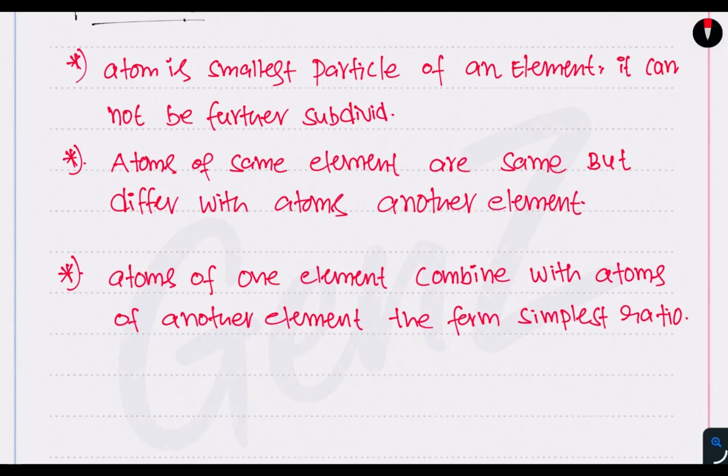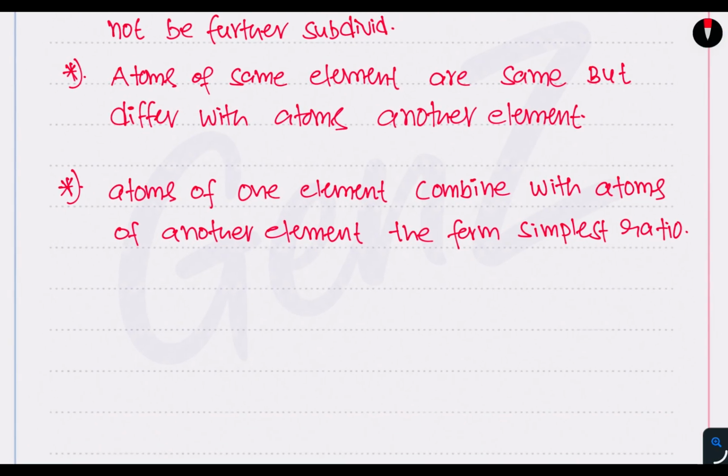Suppose there are A and B atoms. When they combine with each other, they form compounds like AB, AB2, or A2B3.